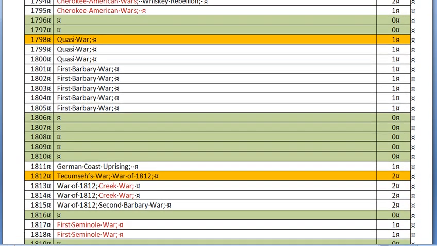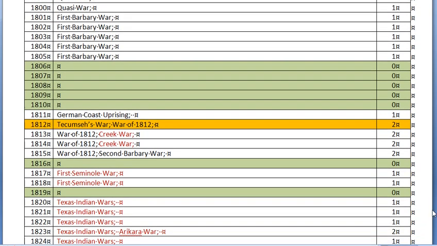Then you got the War of 1812. We'll talk about this. I'll give you a lesson on the War of 1812, which is far different from what you typically get. It integrates far more information about what's going on in the world, as opposed to the typical view isolated to impressment and obstruction of trade.